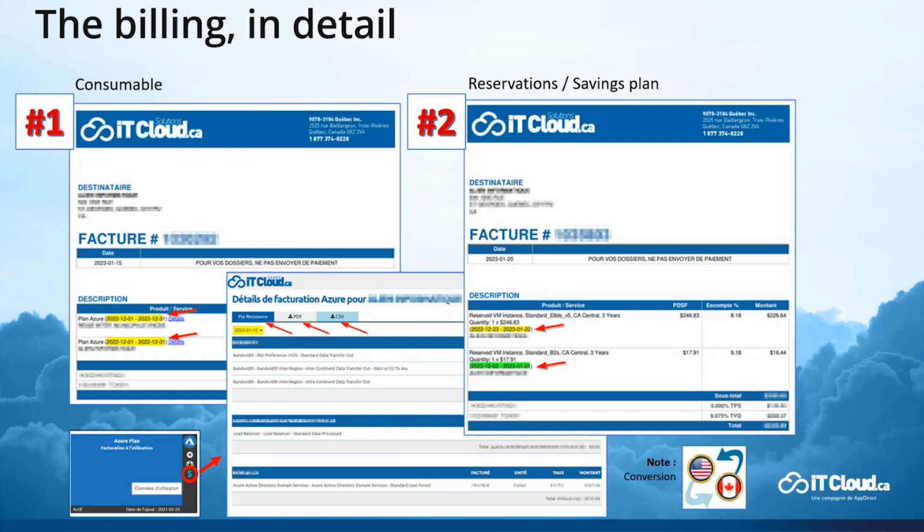The anniversary dates are totally different between the reserved instance and the saving plan, and are totally different from the subscription. So those commitments could be stacked independently of the first Azure subscription.